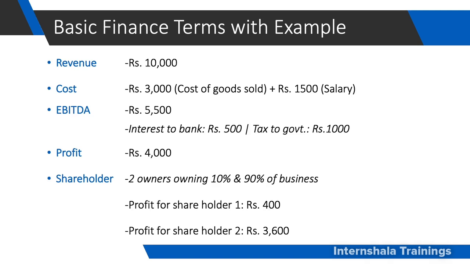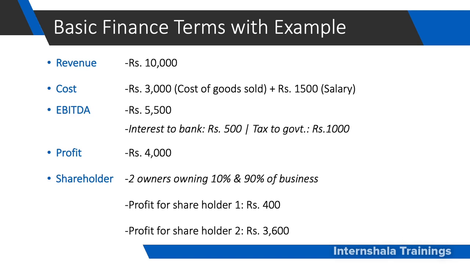Whatever is the profit which is earned, it is either reinvested in the company or it is shared with the business owners whom we call shareholders. Imagine there are two owners. One is owning 10% of the business and the other person is owning 90% of the business. Now, the 4,000 rupees profit will be divided among both of them.